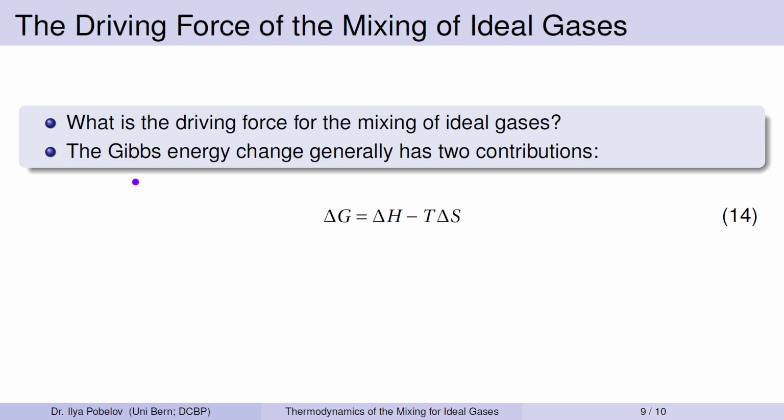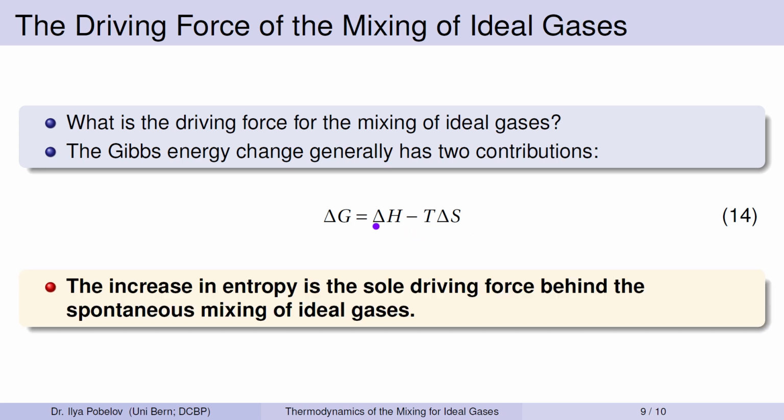As we discussed earlier, the Gibbs energy change generally has two contributions, an enthalpic term and an entropic term. For ideal gases, the increase in entropy is the sole driving force behind the spontaneous mixing, and there is no enthalpy change.